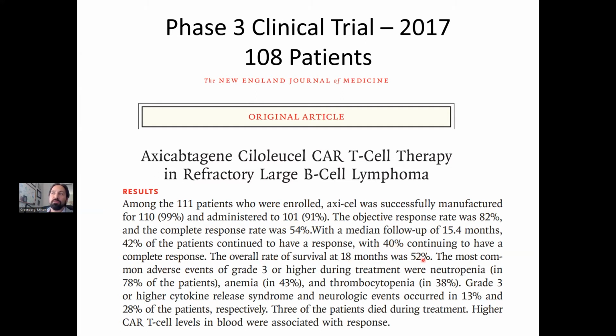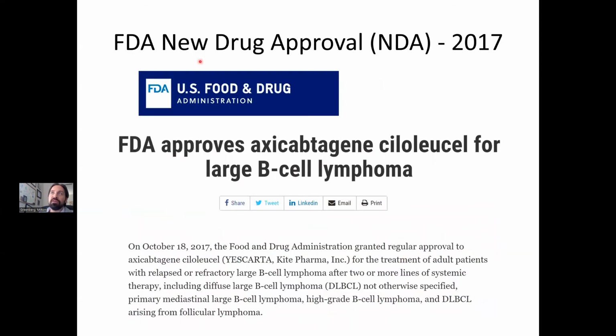Overall survival at 18 months was 52%. So again, just amazing data, again, changed people's lives. And because of this, this drug won FDA approval in 2017. So now you can prescribe it, Yescarta, by Kite Pharma.